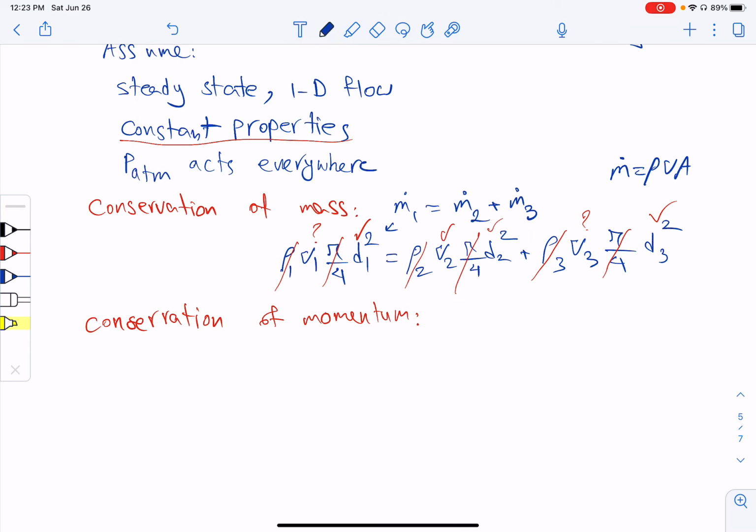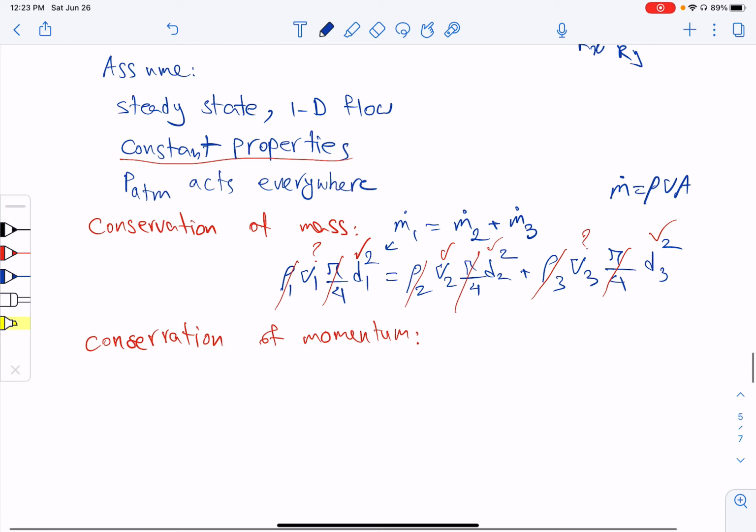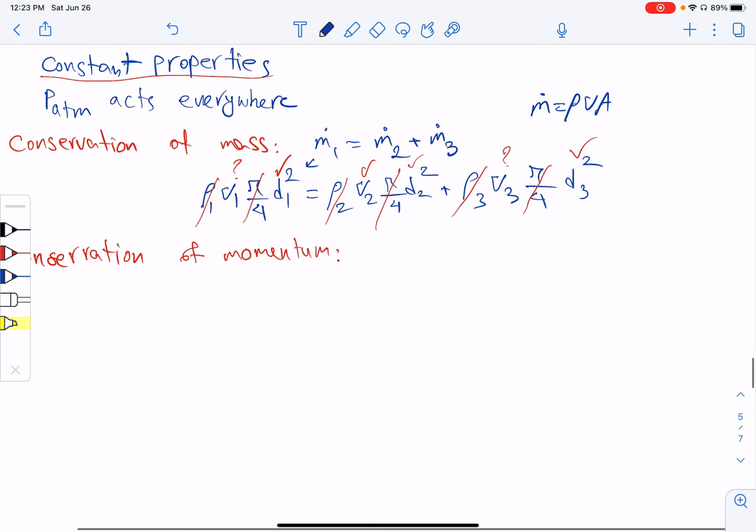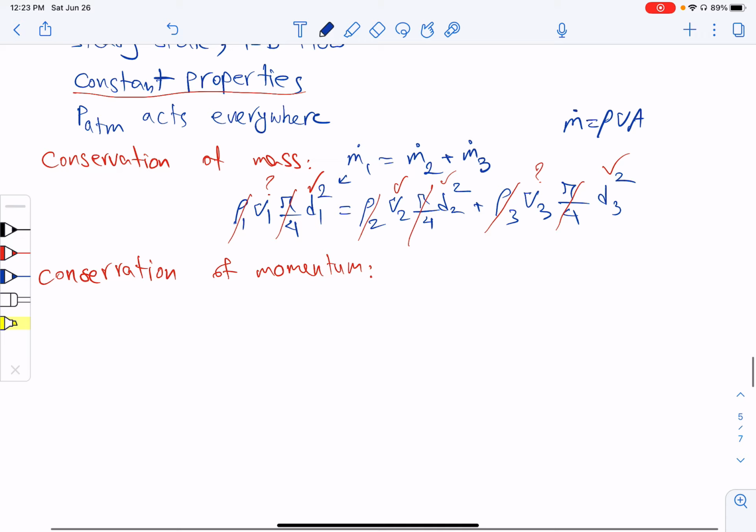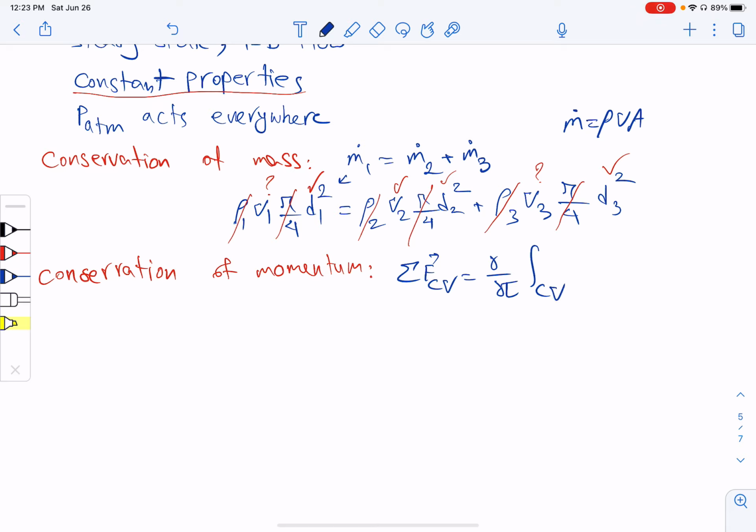For conservation of momentum, we know that the formula is the sum of F on the control volume equal to d dt of the integral over the control volume of V rho dV, plus the integral over the control surface of V rho V dot n dA.